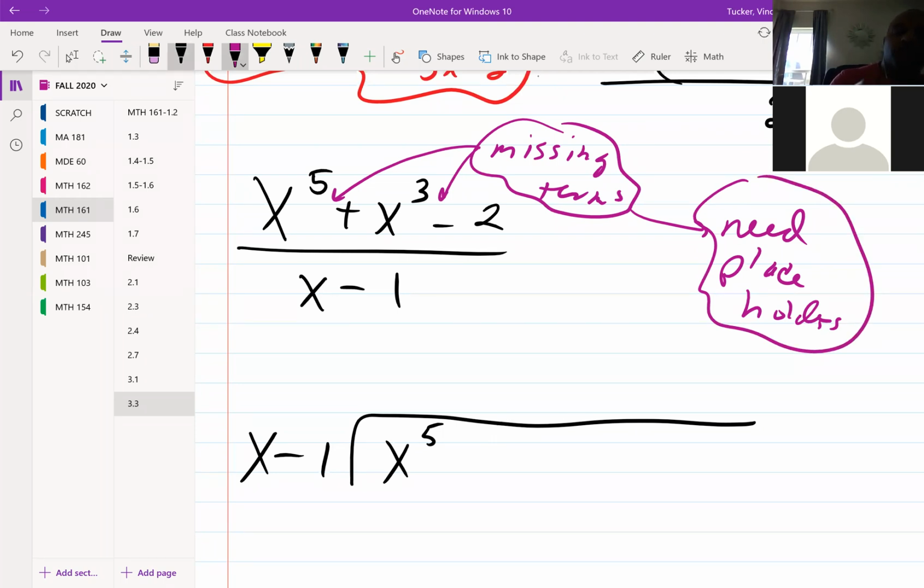So x to the 5th plus 0x to the 4th, plus x cubed, plus 0x squared, plus 0x, minus 2.